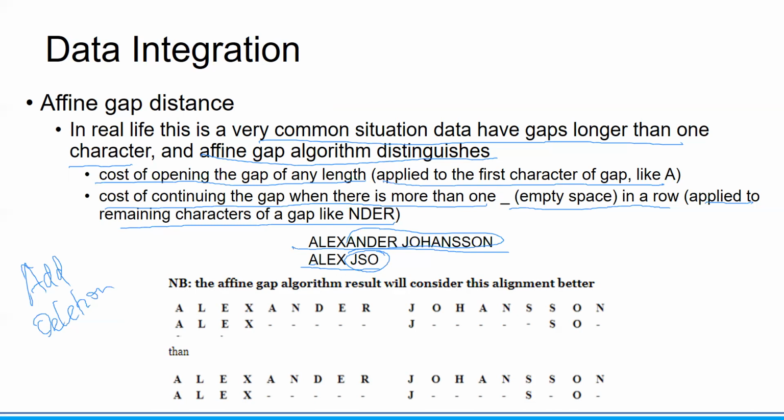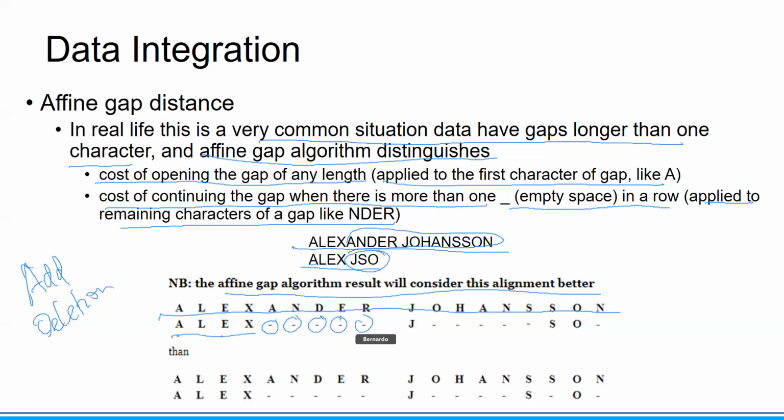In this affine gap algorithm, it will consider the result based on the alignment. So if I have Alexander Johansson like this and I want to align it, I will put in empty spaces.